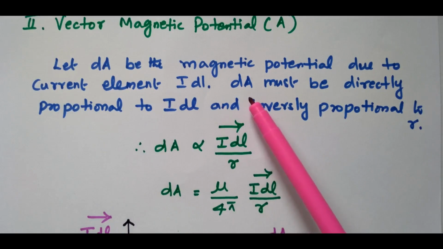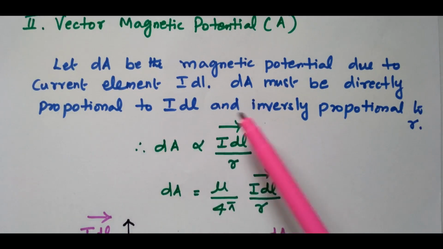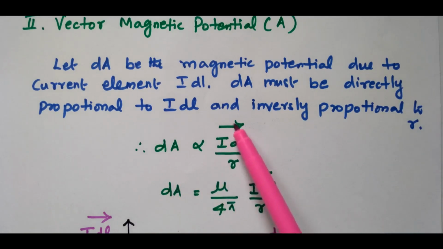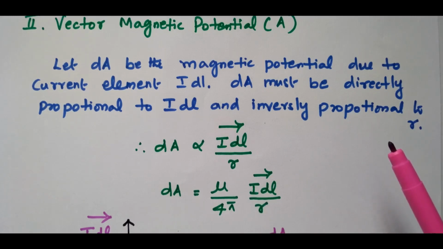This dA is proportional to I dl and inversely proportional to the distance r, the distance between the current element I dl and point P. So while equating, we introduce one constant, that is mu by 4 pi.